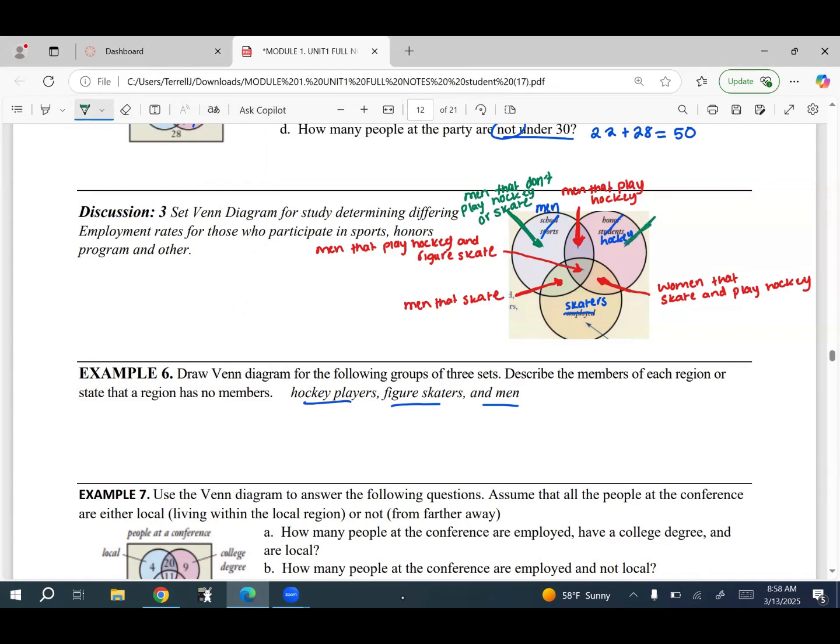This piece, we're just interested in hockey. It doesn't overlap with men or skaters, so that means just women that play hockey. And finally, this piece here, we're just looking at skaters. They don't overlap with men or hockey, so that means women that figure skate.